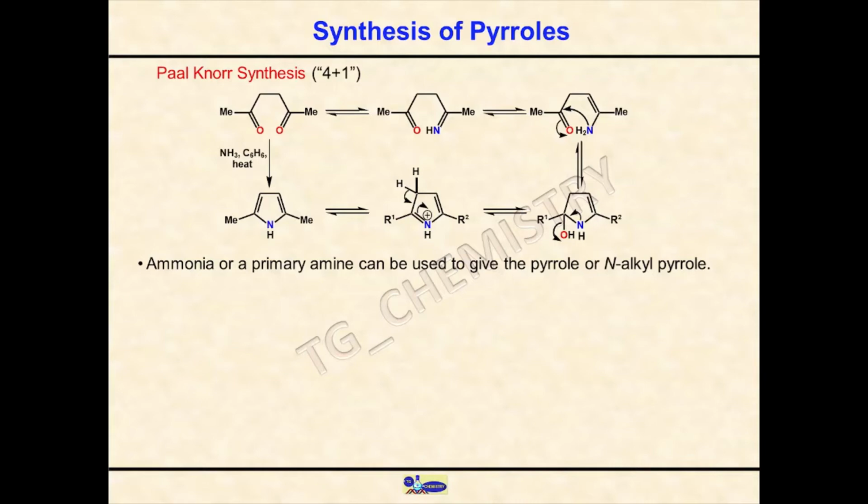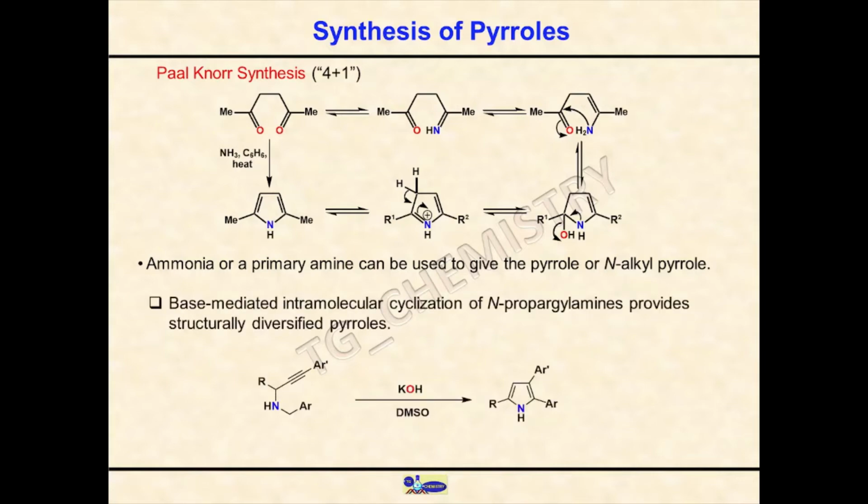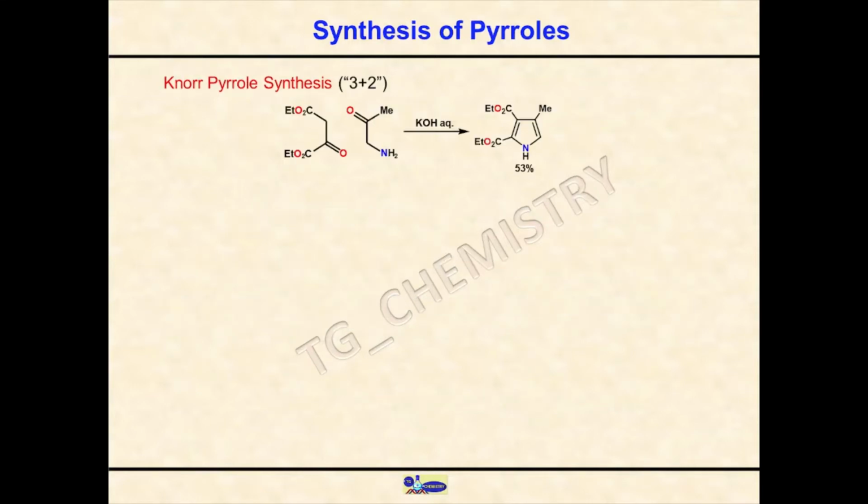dehydration and aromatization, which will lead to the substituted pyrrole derivatives. Now in case of ammonia, we can also use primary amines, and in that case we will end up with N-alkyl pyrrole as the major product. Recent routes for synthesizing pyrroles involve base-mediated intramolecular cyclization of N-propargyl amines, which provides structurally diverse pyrroles in presence of potassium hydroxide and DMSO, and eventually that will first create a carbanion, followed by intramolecular cyclization reaction that will lead to the polysubstituted pyrrole derivative.